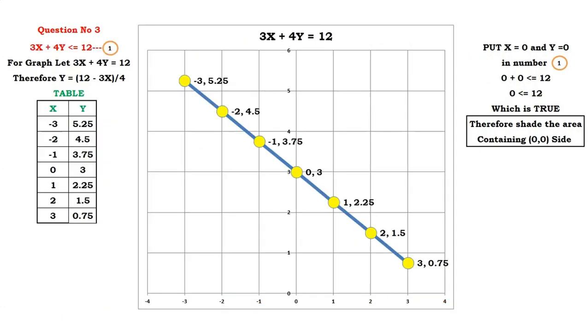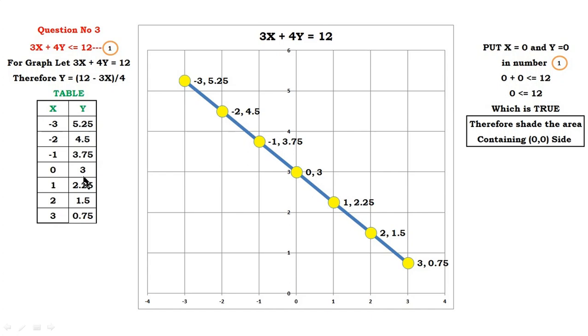Now question number 3. The statement is 3x plus 4y less than or equal to 12. Let it be number 1. For the graph, you can write 3x plus 4y is equal to 12. Then y can be written as 12 minus 3x divided by 4. Simply insert some values: minus 3, minus 2, minus 1, 0, 1, 2, and 3.